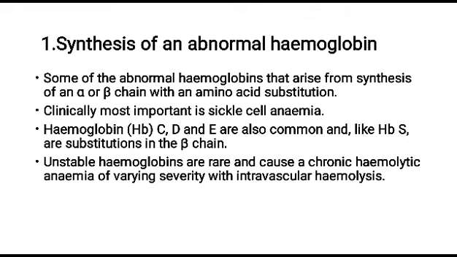They are not uncommon, and the result is synthesis of abnormal hemoglobins leading to synthesis of abnormal RBCs that are not freely mobile and moving inside the circulation, leading to a sort of precipitation and occlusion of blood vessels, and also damage and hemolysis of cells.